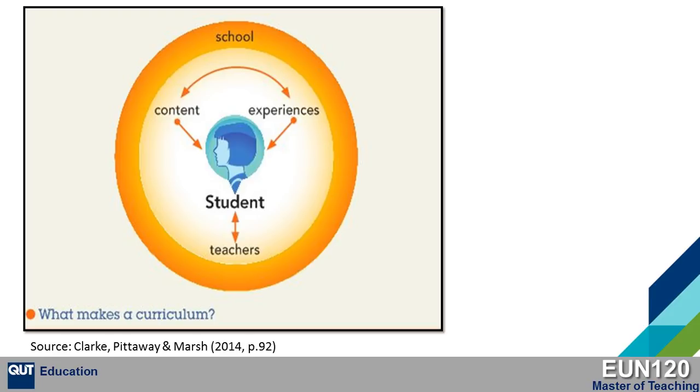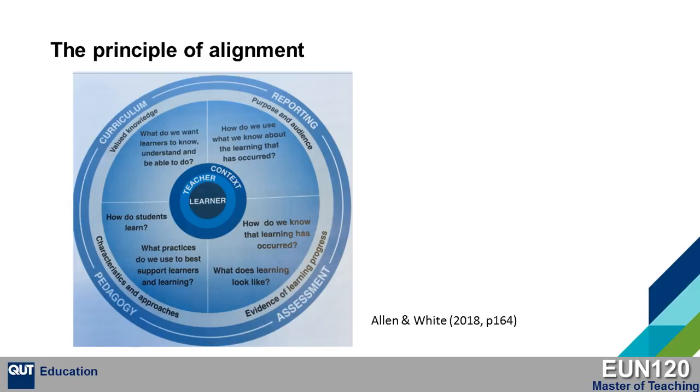So let's have a look at Allen and White's model, which they refer to as the principle of alignment. What the diagram shows is how all four messages align. This means that what you teach should match up with how you teach it and also how you assess and report on it.